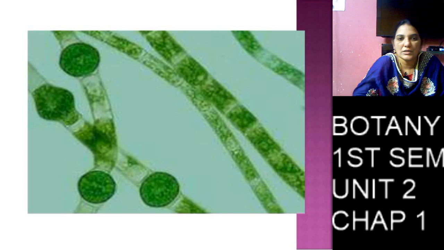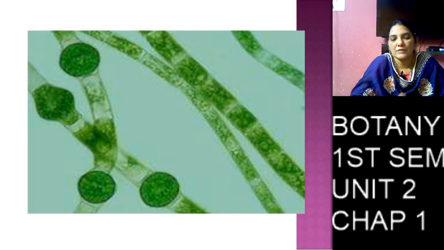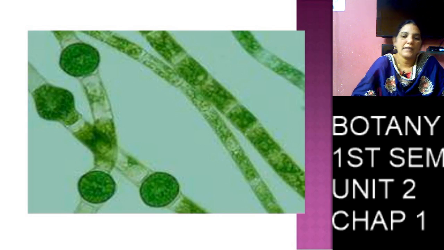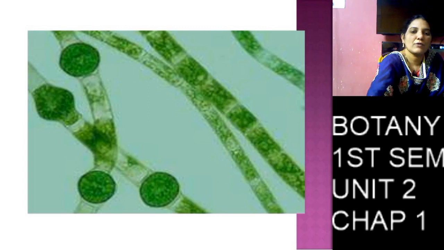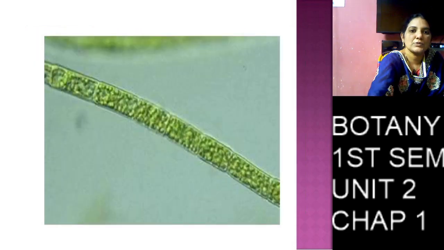That is called the oogonium, the female sex organ. The middle part totally converts into the egg cell, and it forms receptive parts.